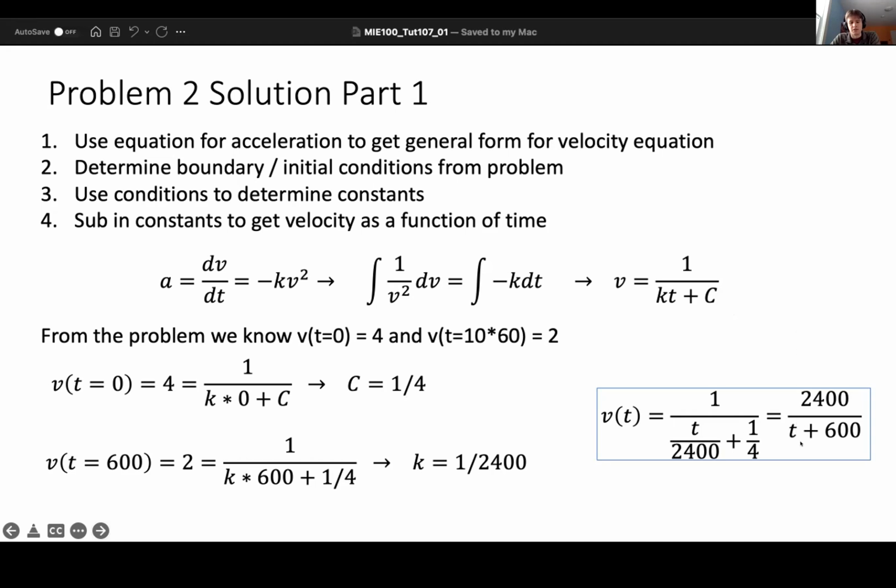It'll just be a different c. What really matters is if the equation at the end is the same. Anyway, so the final answer is v of t is equal to this format, or if you simplify that down, it's 2400 over t plus 600. Any other questions for part 1?